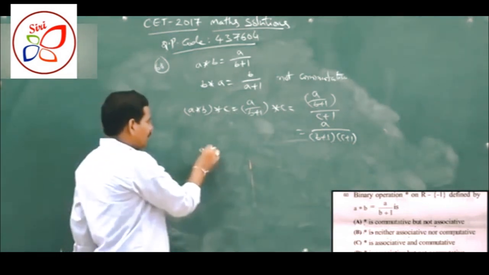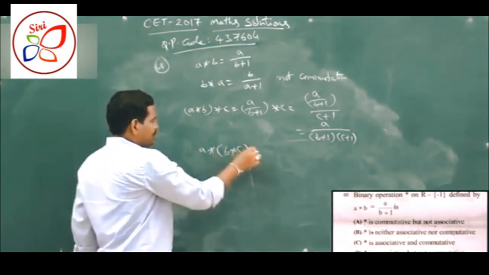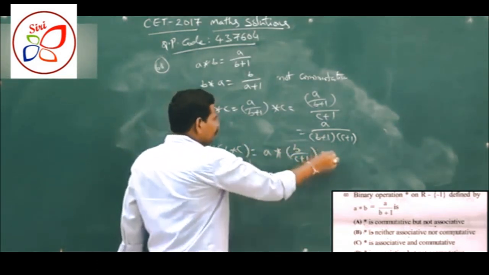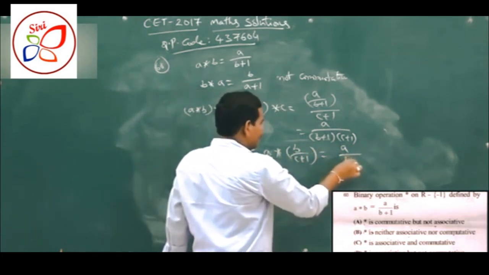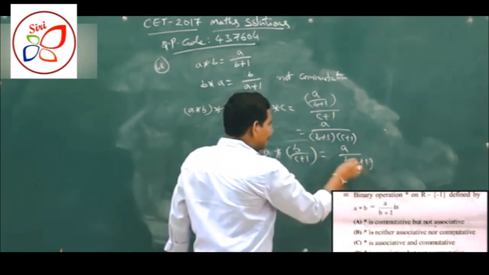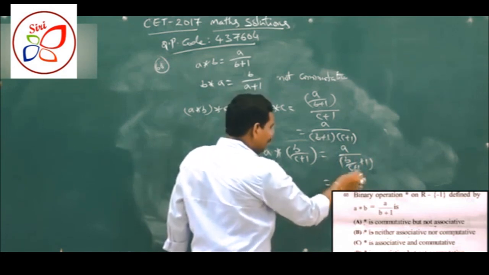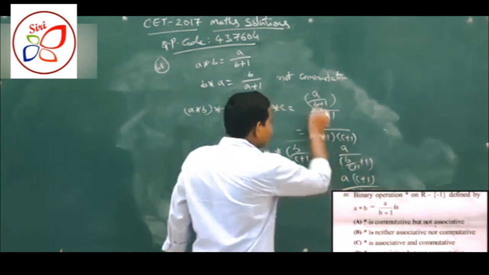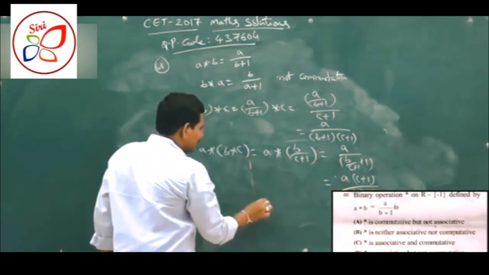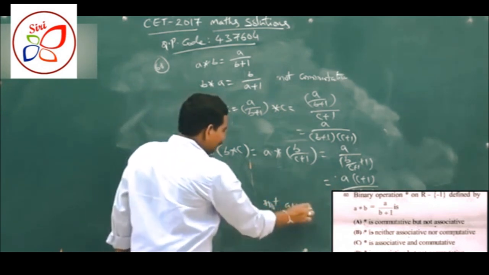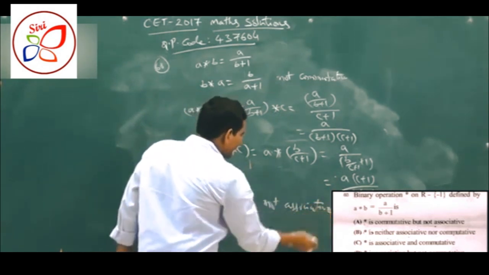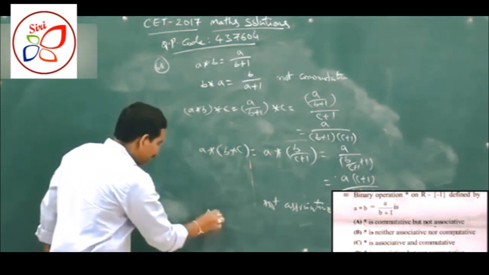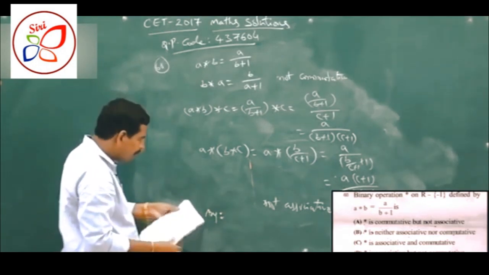Now, a star (b star c) means a star (b by c plus 1), first element divided by second element plus 1, means a into (c plus 1) by (b plus c plus 1), which are not equal. So, it is not associative. So, star is neither associative nor commutative, which is given in option B. Sorry.